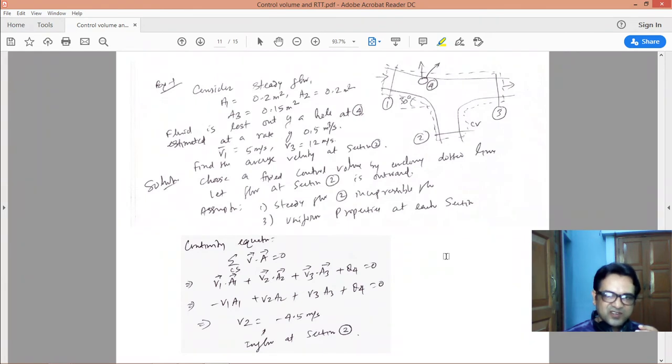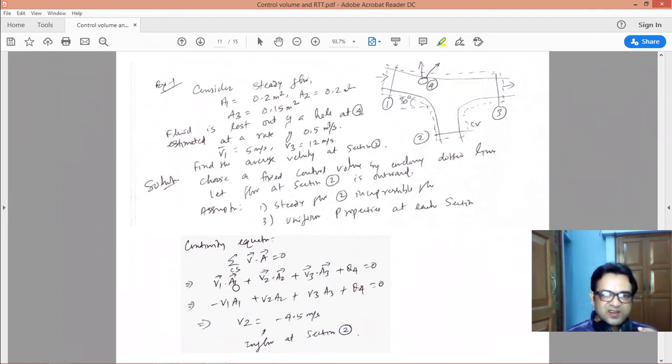Assume steady flow, incompressible flow, and uniform properties at each cross section. So apply the continuity equation. Since it is steady and incompressible, the summation of the velocity vector dot the outward area normal vector will be 0.